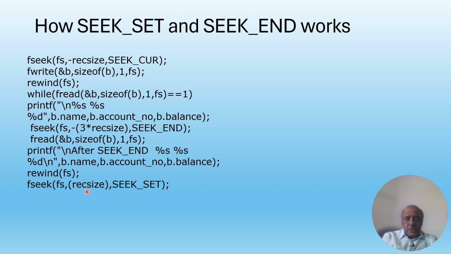We want to move it by 1 record size. When we use the rewind function, the pointer is pointing to the 0th record in the file, which we have named AAA. By this fseek with rec size and SEEK_SET, the pointer moves one record ahead.